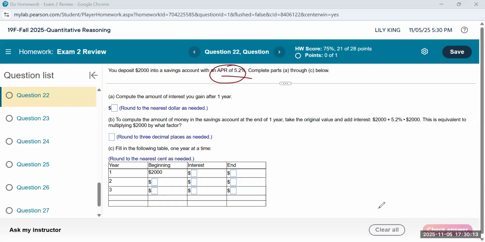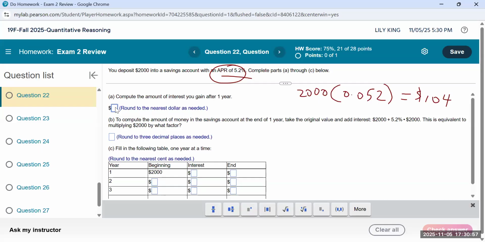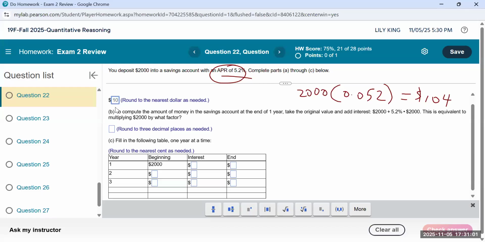So you have to convert the APR to a decimal and then multiply by 2,000. So 2,000 times 0.052 gives you $104.